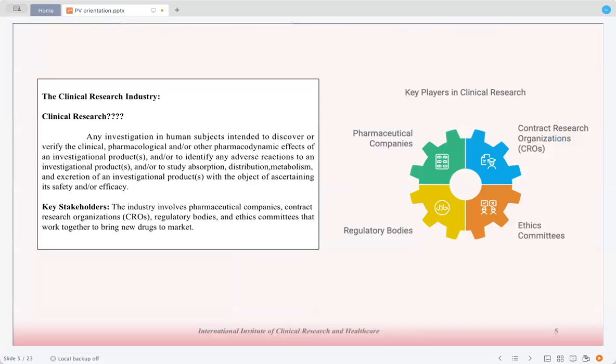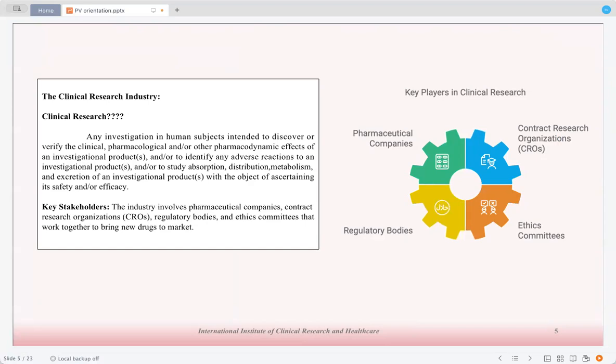What is clinical research? Who are the key stakeholders in clinical research? Clinical research is any investigation in human subjects intended to discover or verify the clinical, pharmacological, or pharmacodynamic effect of the investigational product.